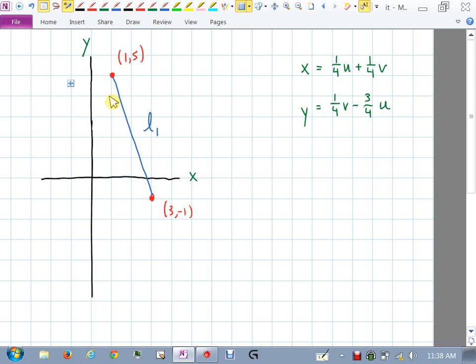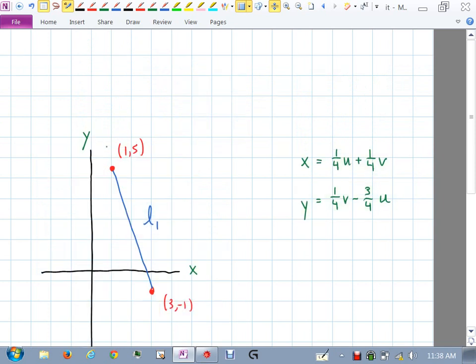Can you tell what the y-intercept is? Well, if it goes down 6 and over 2, and I need to get to the y-axis, I only need to go over 1. So I need to go up 3 and over 1. So the y-intercept would be 8, up there. I'll squeeze some room in here.